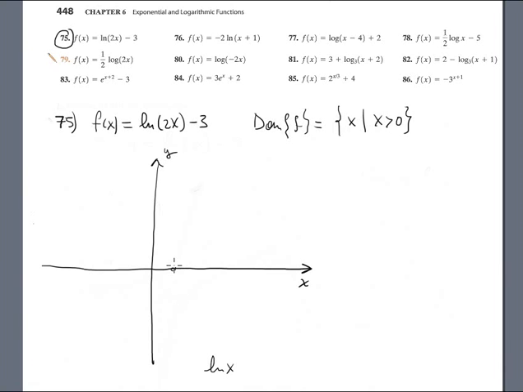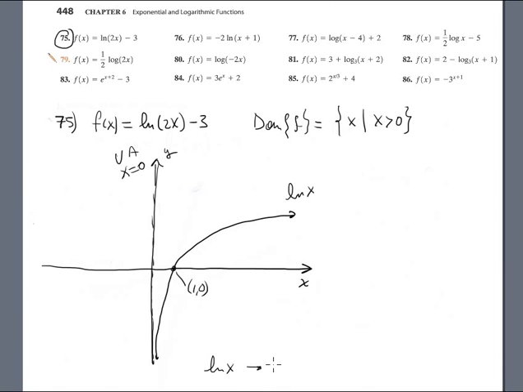The typical reference point is the point (1, 0), and we have one vertical asymptote at x equals 0. So approximately the logarithm function looks like that, ln x.